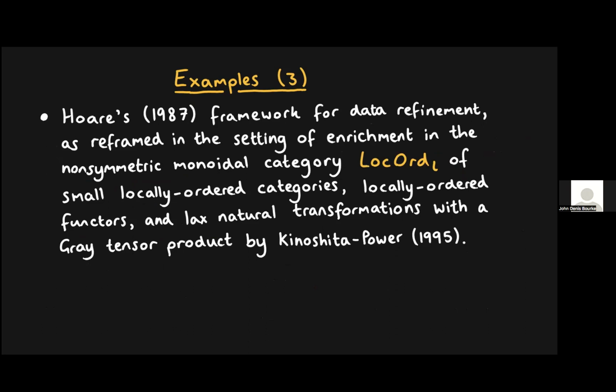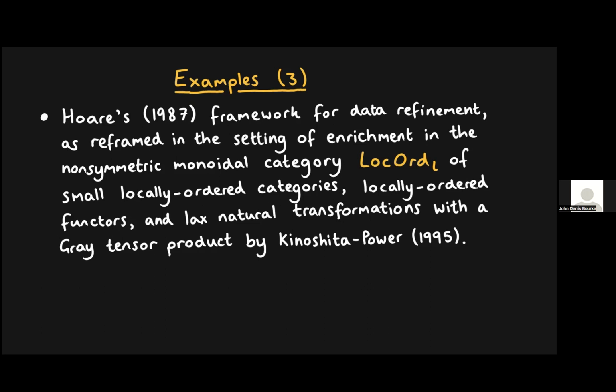For some new examples, coming from computer science, Tony Hoare developed a framework for data refinement in a type theoretic setting, and this was rephrased for a categorical setting by Kinoshita and Power, who showed that you could do his theory if you enriched in a particular non-symmetric monoidal category of locally ordered categories.